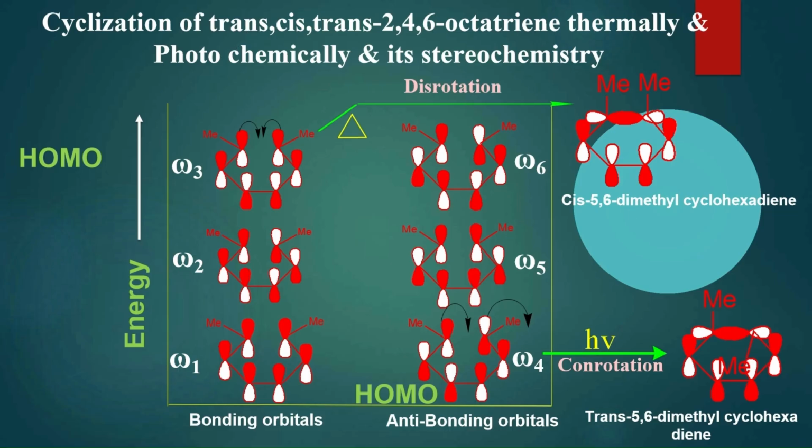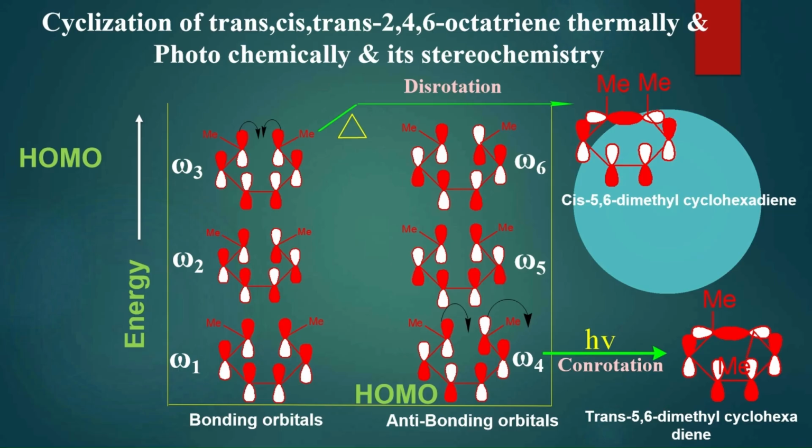When I take the 2E,4E diene, where the stereochemistry of the diene is trans, it gives the trans derivative only. But here it is reverse. I'll get the cis derivative as it undergoes disrotation here, whereas when it has 4n electrons, it undergoes conrotation. It is exactly opposite to what happens when it has 4n electrons.